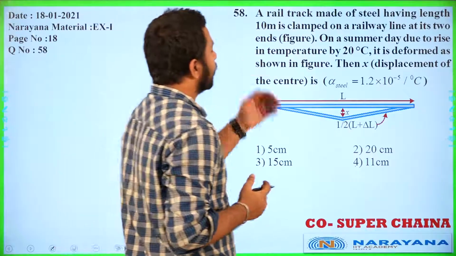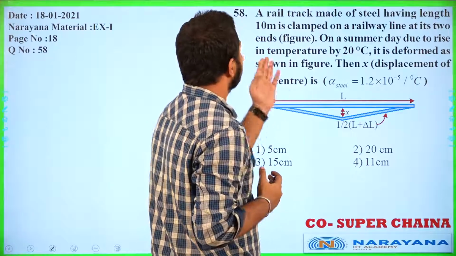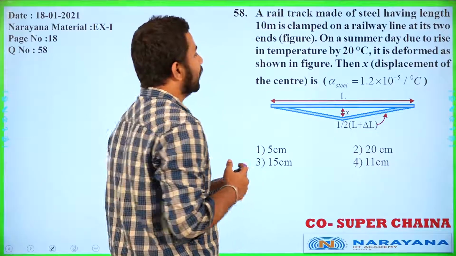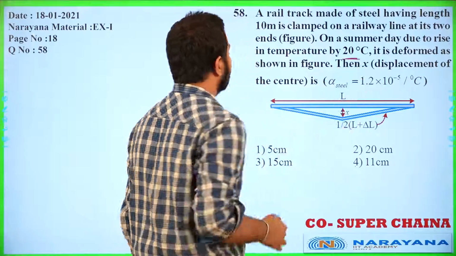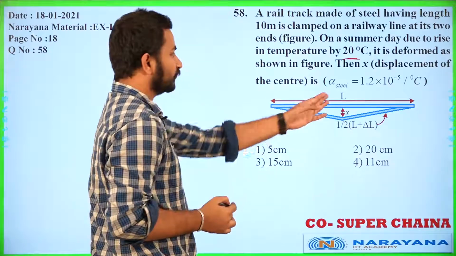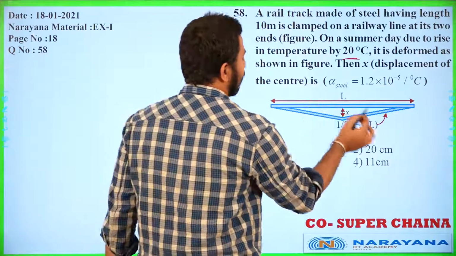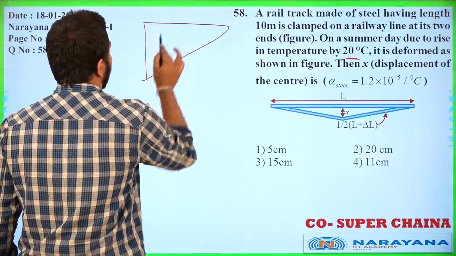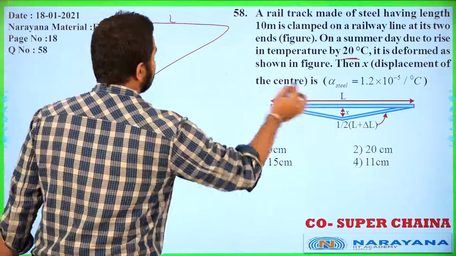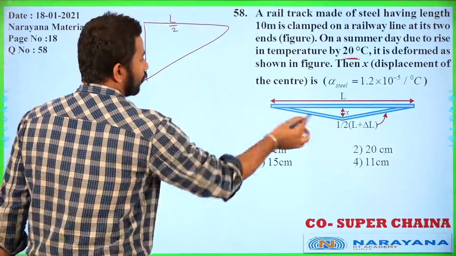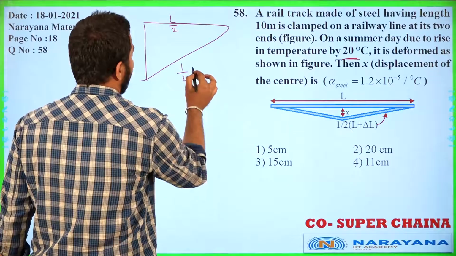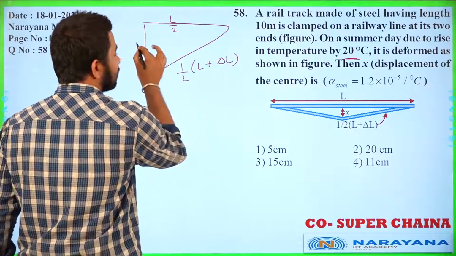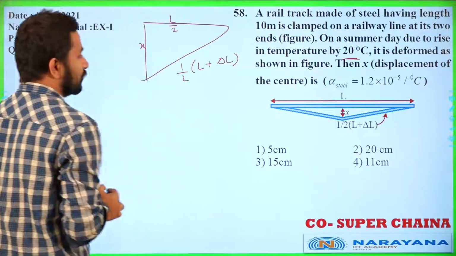Here a rail track made up of steel having a length of 10 meter is clamped on a railway line as shown in the figure. On a summer day, due to a rise in temperature by 20 degree, it deformed like this. So if you see here, this is my L, this is my X. If I draw it here, this will be L by 2, and this is nothing but half L plus delta L, and this is my X. So can I use Pythagoras here?